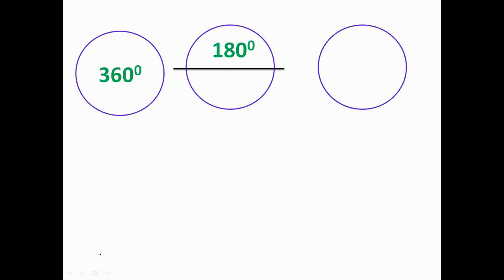Similarly, if you cut the circle into four equal parts, then you can see a quarter rotation. So a quarter rotation is 90 degree. Once again, if you halve 180, you will have 90 degree. So a vertical line represents 90 degree and a horizontal line represents 180 degree. Let me show one trick.